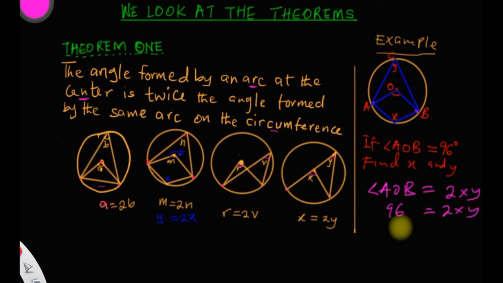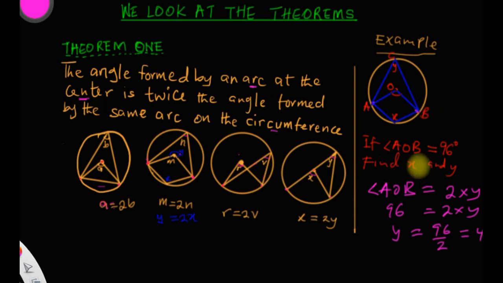So Y is equal to 96 over 2, which is 48 degrees.